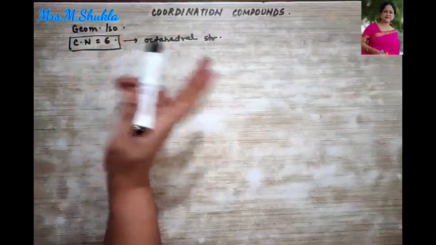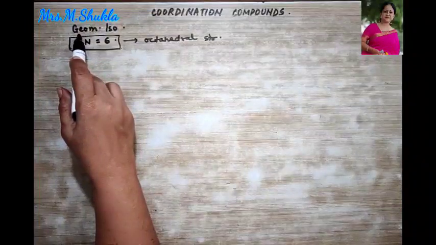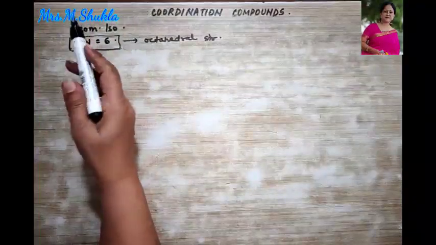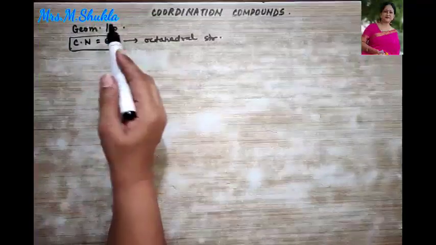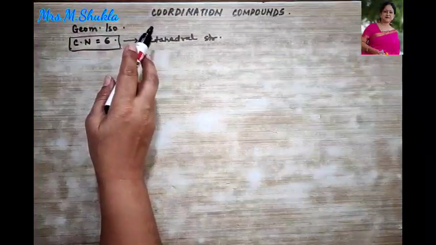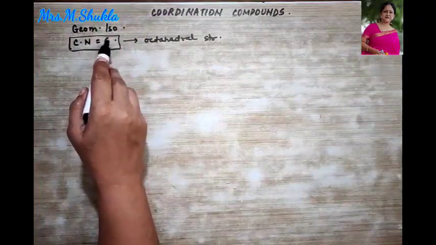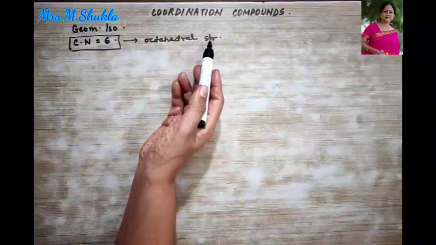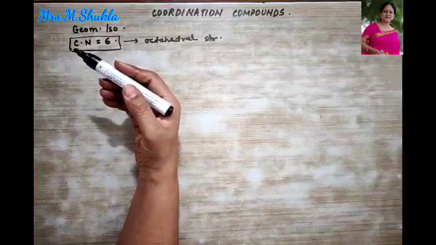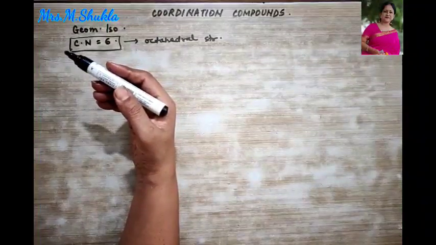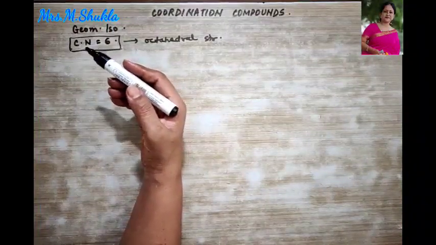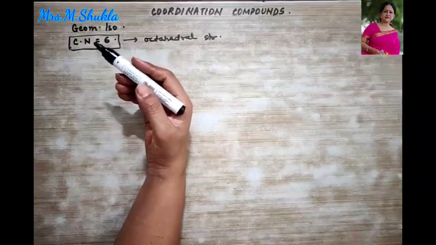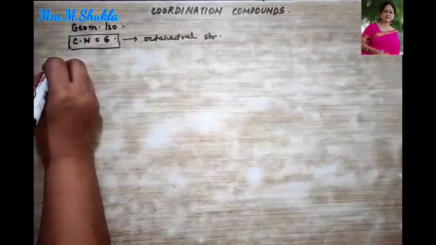Tetrahedral does not show geometrical isomerism, and square planar I had shown you so many. Now we are coming to those complexes whose coordination number is 6, which show an octahedral structure. So let us understand what kind of geometrical isomerism is shown by some of the combinations of the ligands in the complexes.